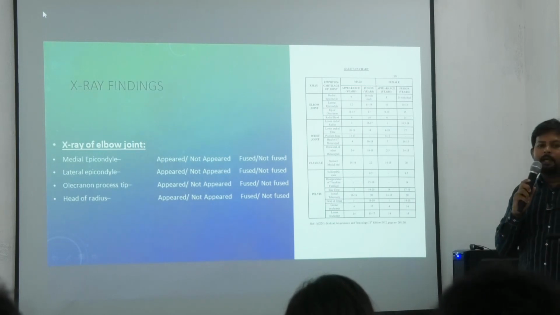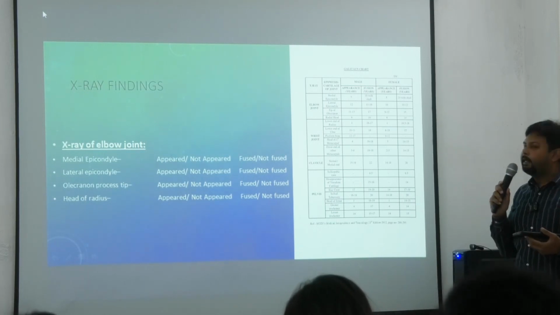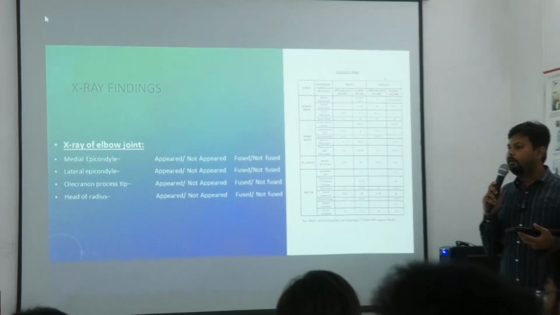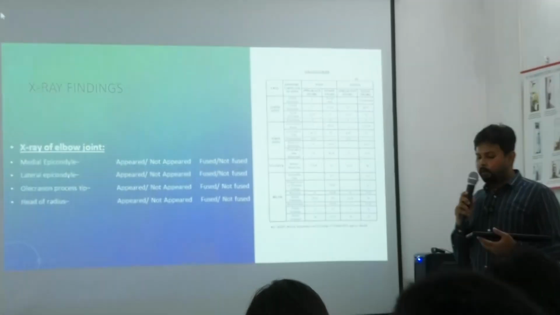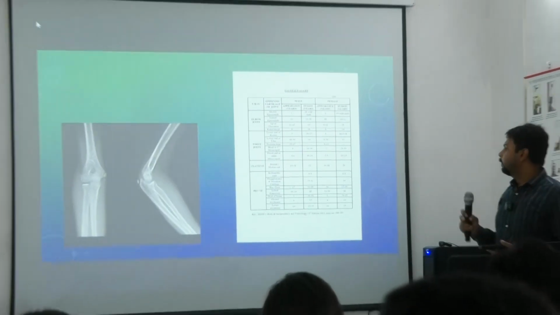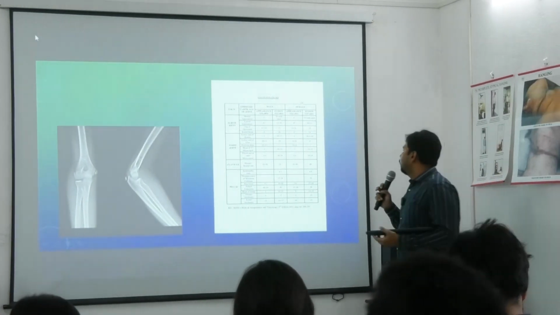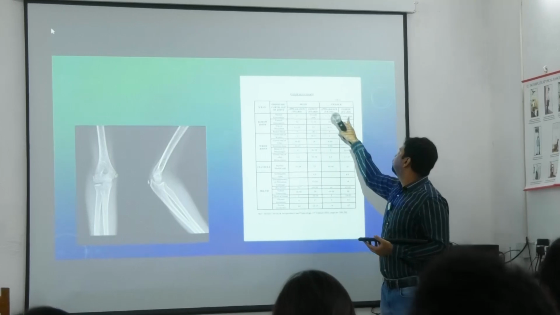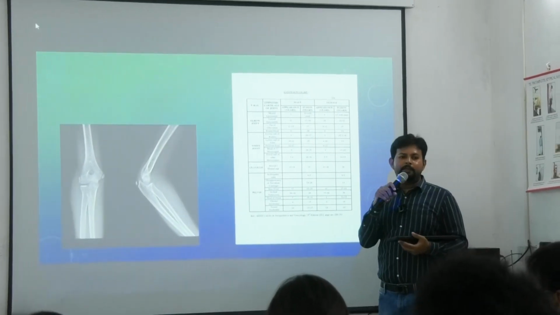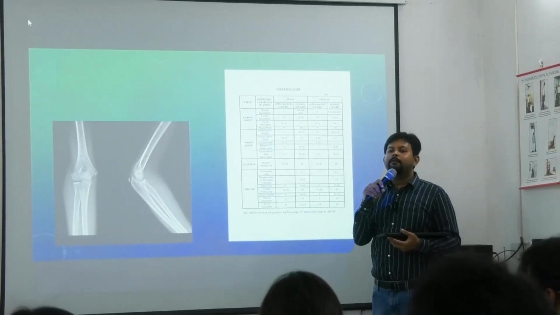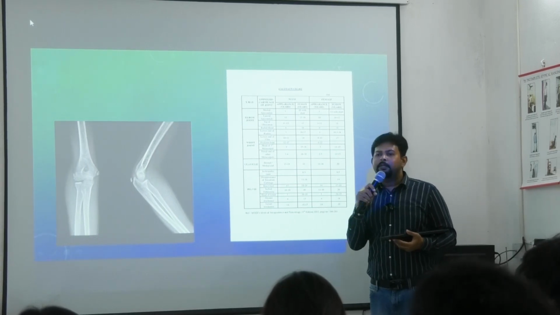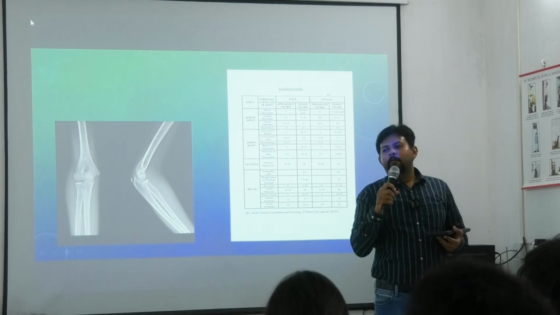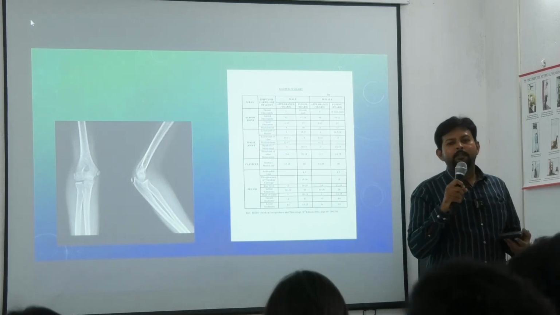So the X-ray of the elbow joint has been written, what the X-ray findings include has been written. Okay, so now is this chart visible to you? Is this chart visible to you in the back, those who are sitting at the back? If it's not visible to you, take out your mobile phones and type Galstaun chart.